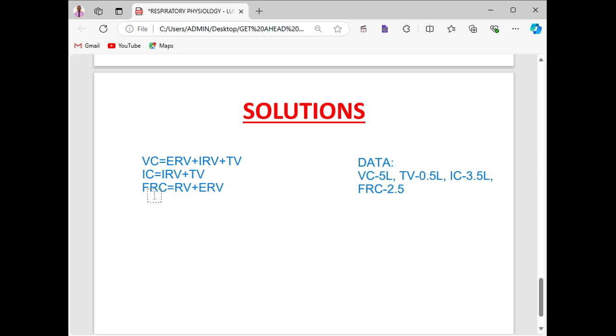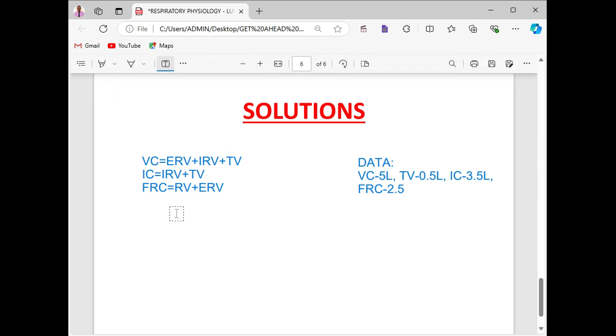The last formula needs RV, and RV is not here. When we look at the second formula, we have IC, IRV, and TV, and we have them here. So we are going to use the second formula to find IRV and replace it in the first formula, and then we get our ERV. Let's try to do that.